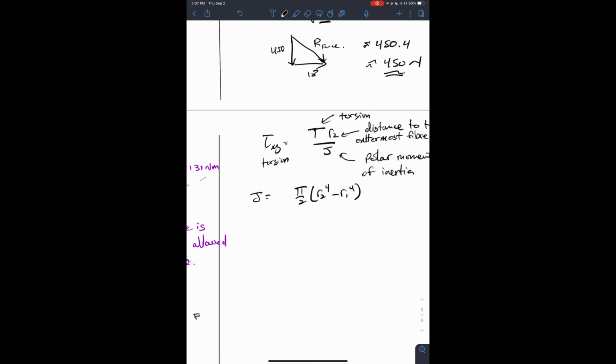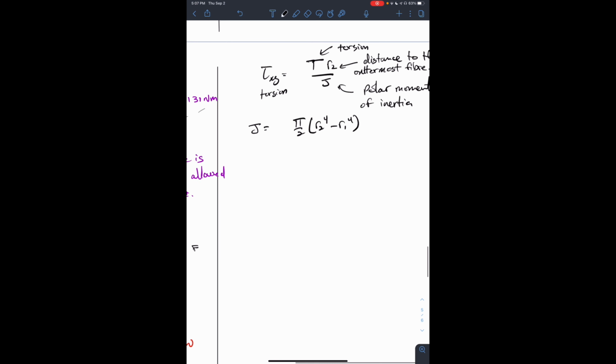So that is your J. So we could say now our total tau xy is really 413 V max on A plus your tau xy from torsion, which is T R2 on J. So this would be our total tau xy that has been applied to the beam.